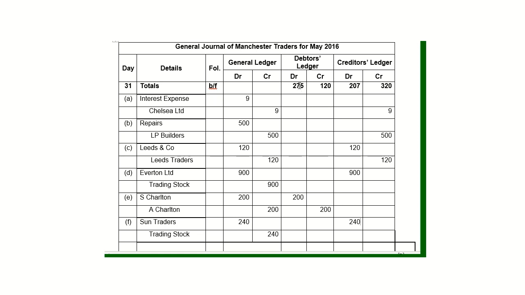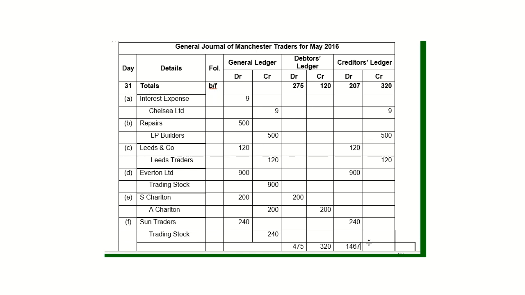So it's the 275 plus 200 gives me 475. 120 plus 200 gives me 320, and 207 plus 120 plus 900 plus 240, that should give me 1467.